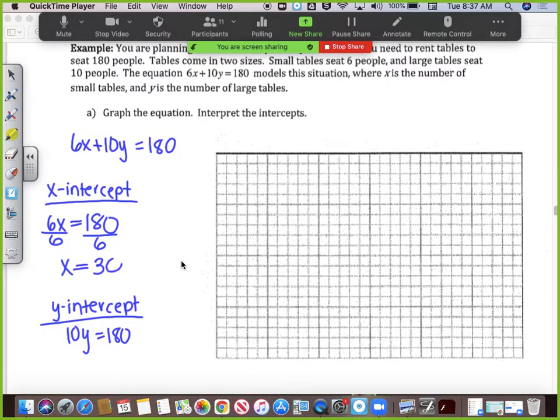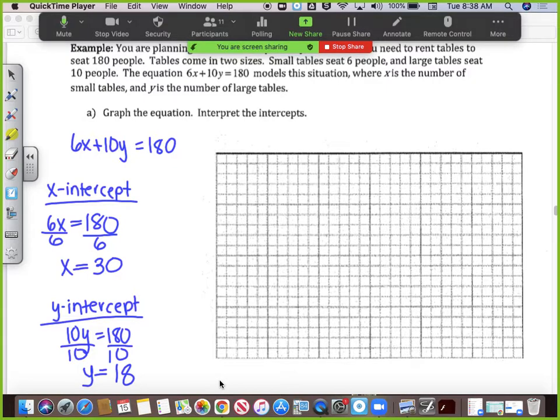Yep. And then for the y-intercept, when we solve this equation, we would just divide by 10. And 180 divided by 10, 18. So we know that this line crosses the x-axis at 30 and the y-axis at 18.